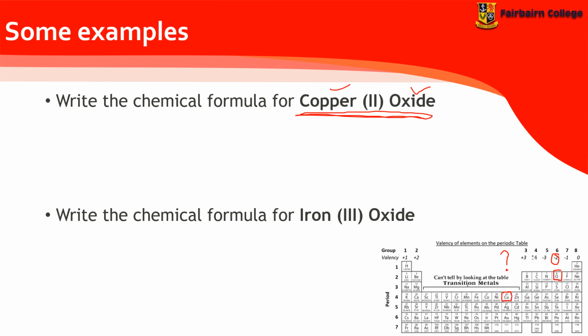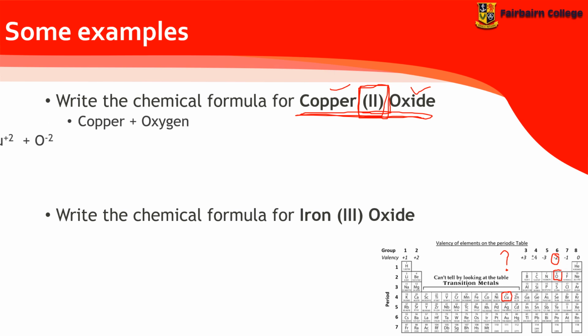So we know that it's a variable valency, so it can either be +2 or +1, we don't know which one. Luckily for us, the answer is given to us in the question. It says there, the valency for copper, we're using 2. So we know that the valency for copper in this case is +2. You don't even have to go look it up.